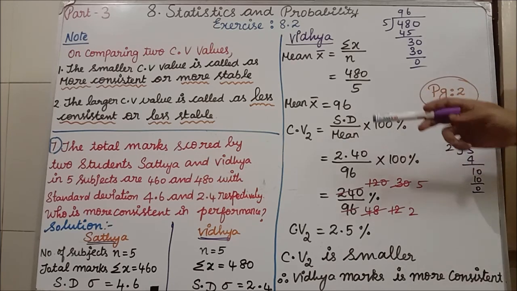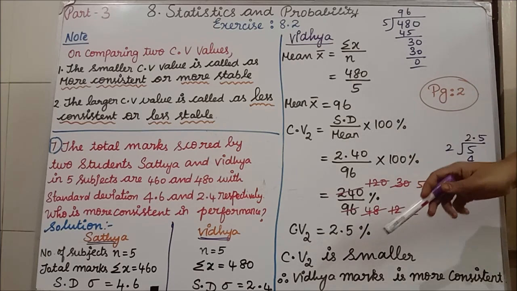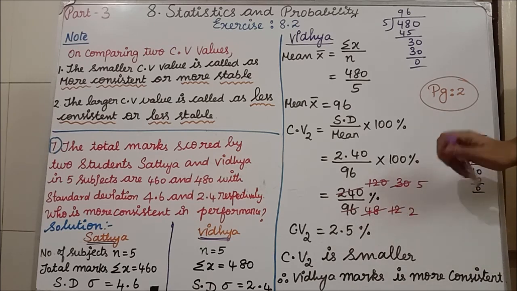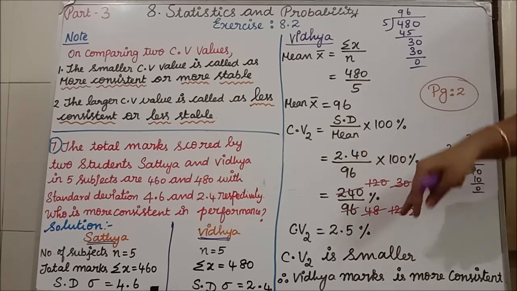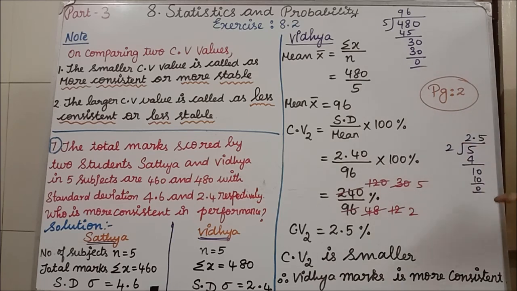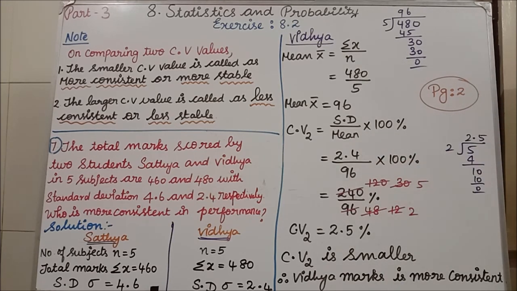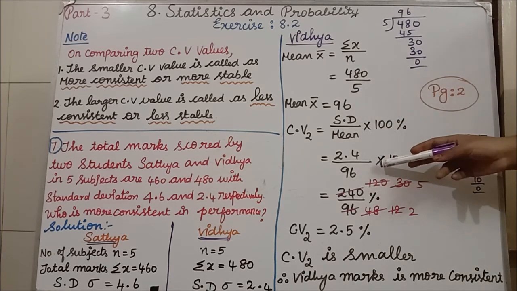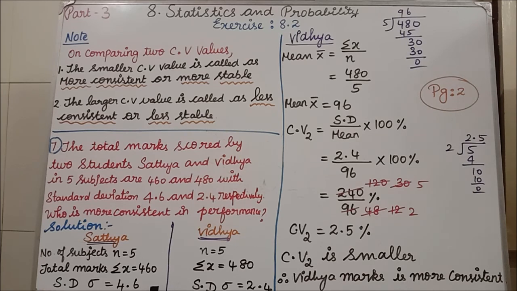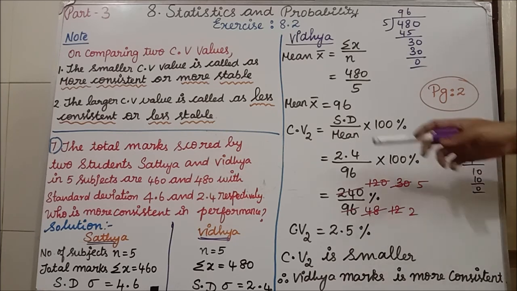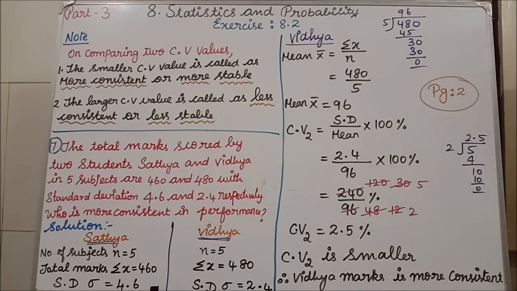The standard deviation given in the question is 2.4. 2.4 only they have given. So 2.4 divided by mean value 96, into 100 percentage. If you multiply 2.4 into 100, what will we get?